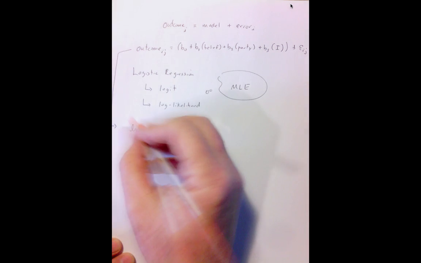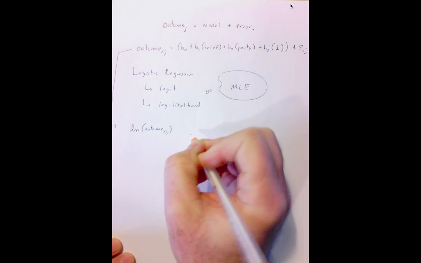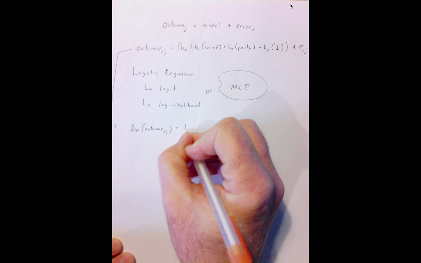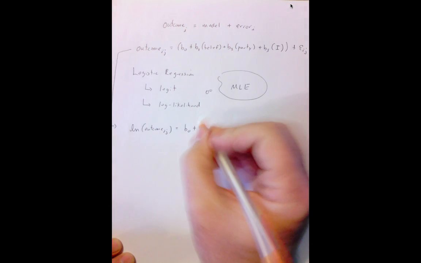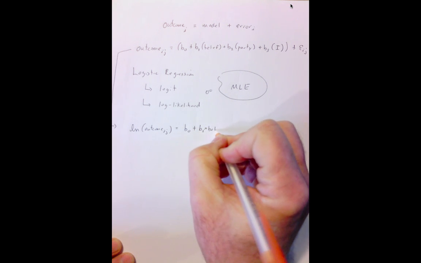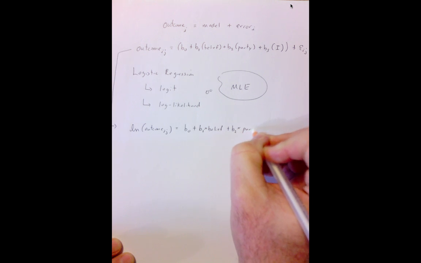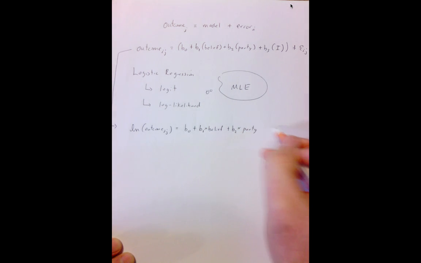So we take the natural log of the outcome for ij equals the model, which will be b0 plus b1 times the belief, plus b2 times the party, plus b3 times, I'm just going to put a capital I for the interaction, plus the natural log of the error.